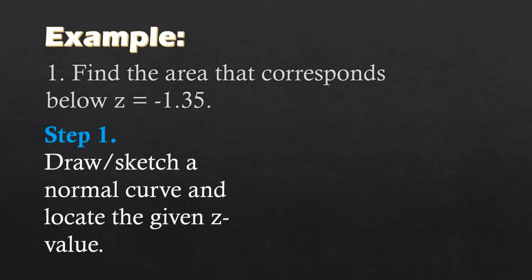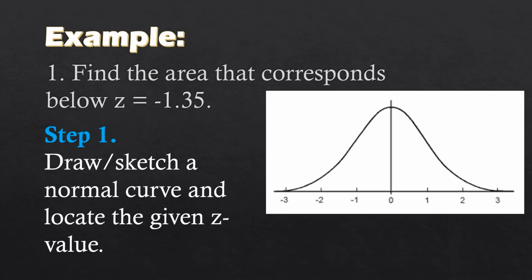For the first step, of course, we need to draw or sketch the normal curve and locate the given z value, which is z equals negative 1.35. So here is the normal curve, and our z value is located here. It's a negative value, that's why it's located to the left of the normal curve.